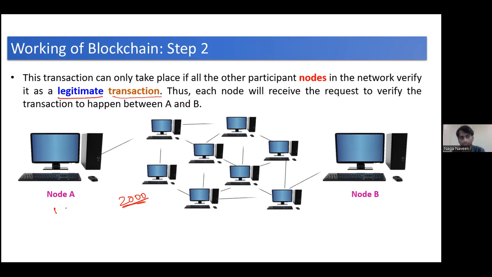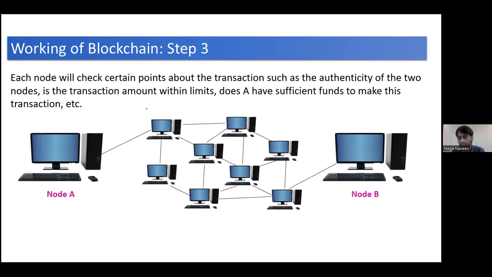In this initial step, each node will check certain points about the transaction, such as the authenticity of the two nodes. Is the transaction amount within the limits? Does A have sufficient funds to make this transaction, etc.? Like what I have told just now.